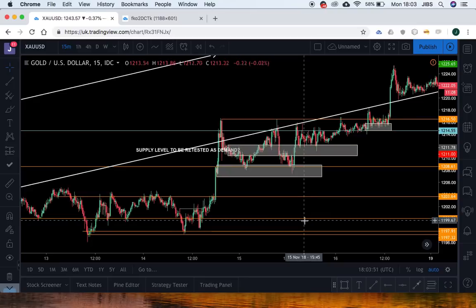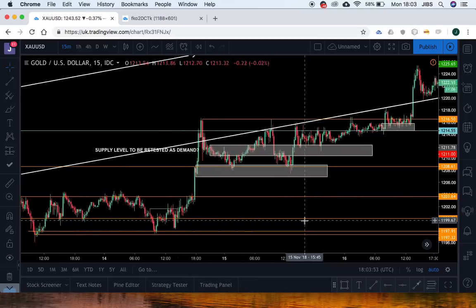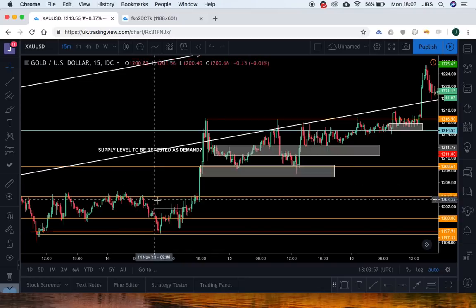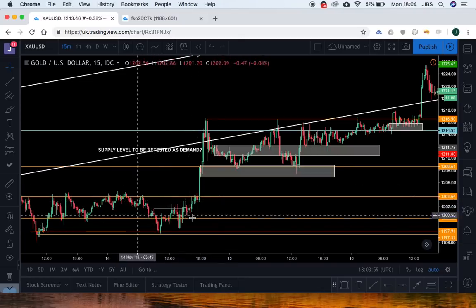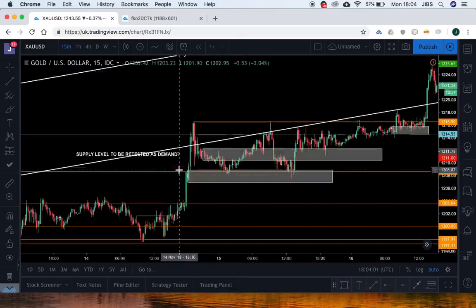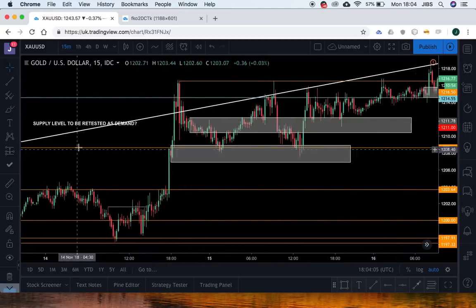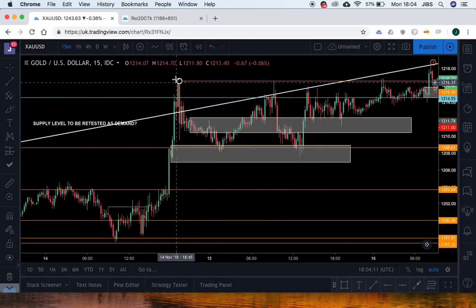Sometimes price goes further, takes further liquidity, and then goes further up. And what you see here is the level of supply against demand. You've got an order block, and also market structure here.